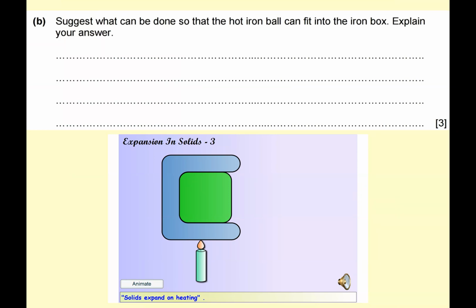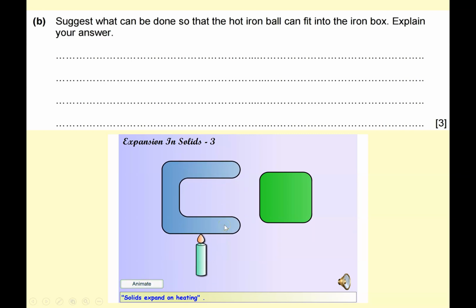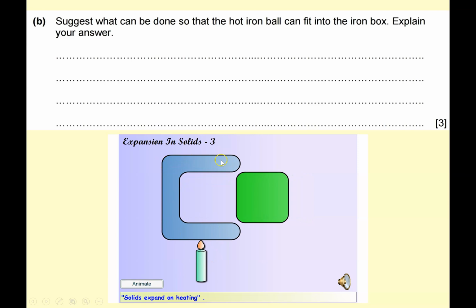B. Think, how can we make the iron ball fit back into the iron box? Explain your answer. Yes, one of the ways is to heat the iron box and it expands.